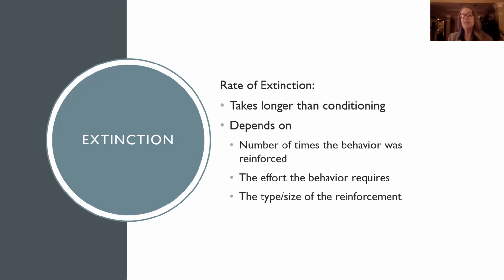Later in this video, I'm going to talk about the partial reinforcement extinction effect, but basically the intermittent schedules last longer. They take longer to extinguish than if you use the continuous reinforcement schedule.